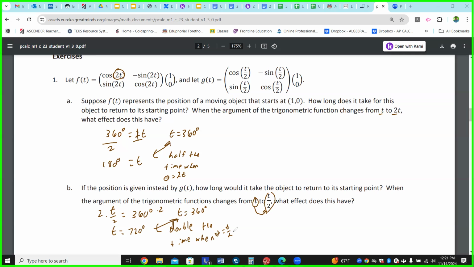So hold on. Let me back up. The original point is (1, 0). That's our starting spot. If I do one rotation to 60 degrees, that's 1 second. But if I double my 60 to 120, now my rotation has gotten here in 1 second because I doubled my degree of rotation.